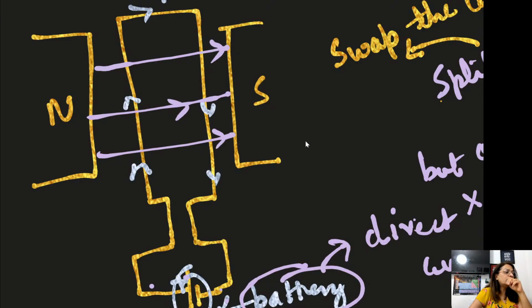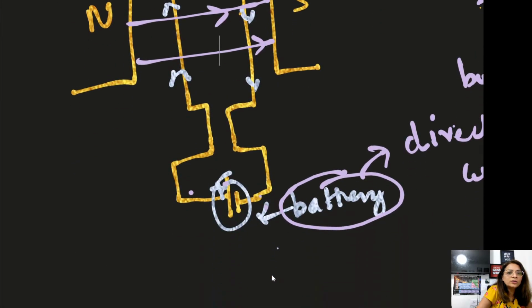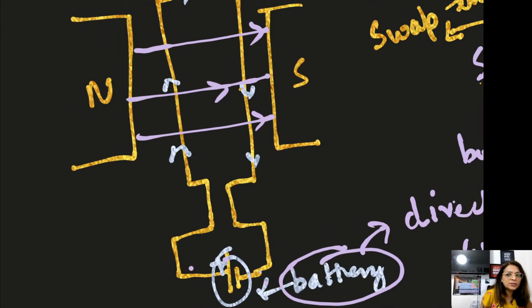No, Surya, there are two magnetic fields. You'll have to say it like this: there are two. First you understand, then I will write it.